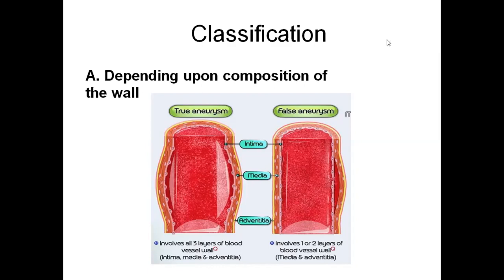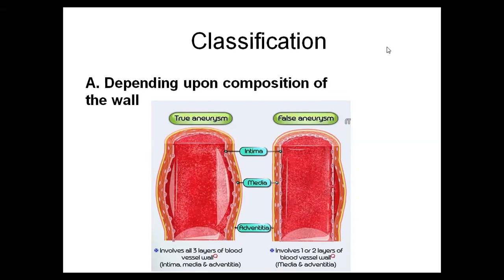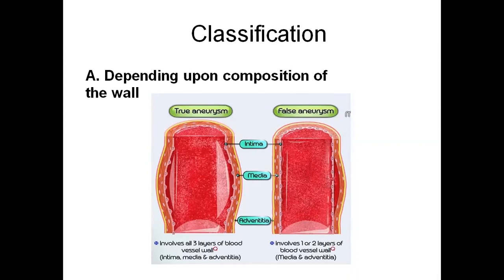that leads to the development of a true aneurysm, whereas if only one or two layers of the vessel, that is the media or adventitia or both of them, are involved, it is known as a false aneurysm. So a true aneurysm will have all three layers involved, whereas a false aneurysm will only have one or two layers involved.